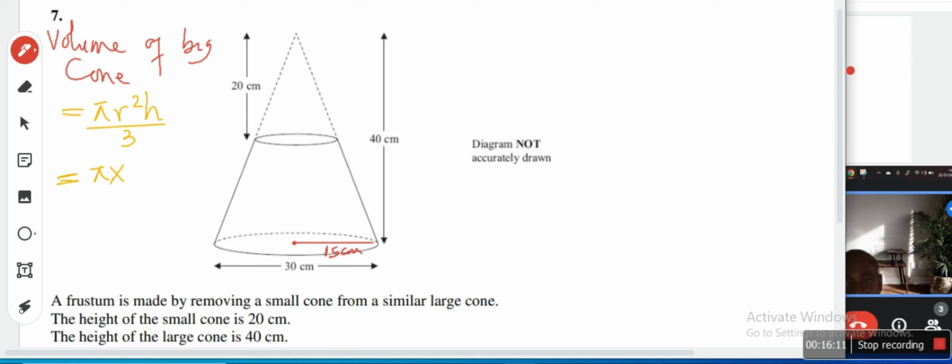Alright, so times 15 squared times h, which is 40, all divided by 3. Can you get us the answer first of all? Let's start with that.